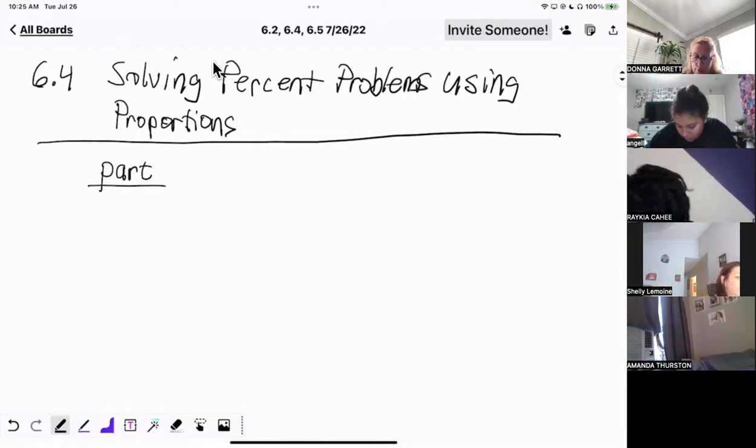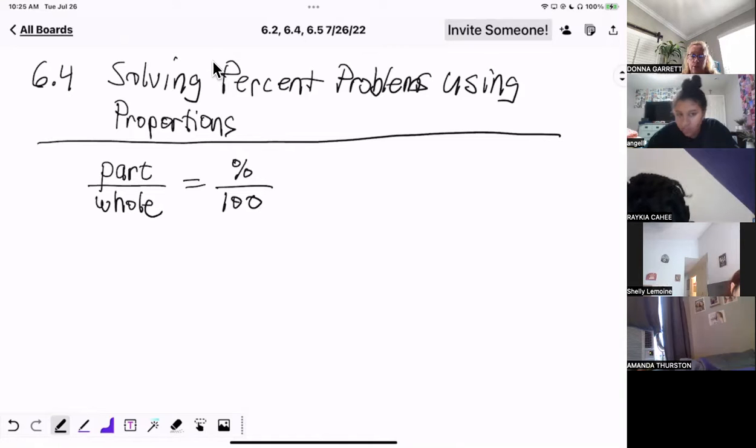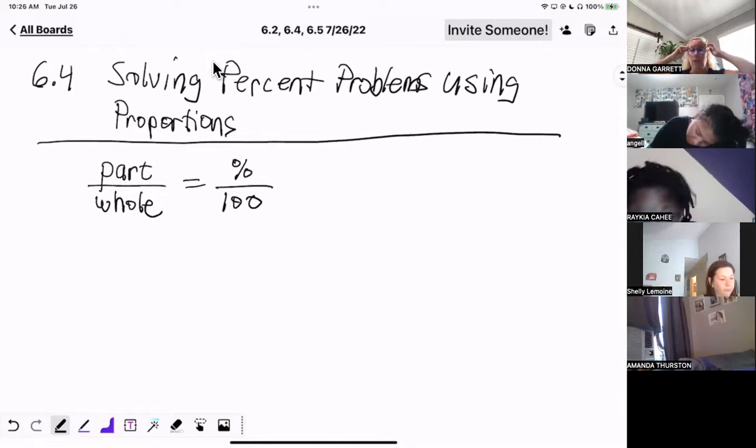It's part over the whole equals percent over 100. Just like we said, once you get 100 in the denominator, your percent's on top. Now, with these problems, you might not just be asked to find a percent.